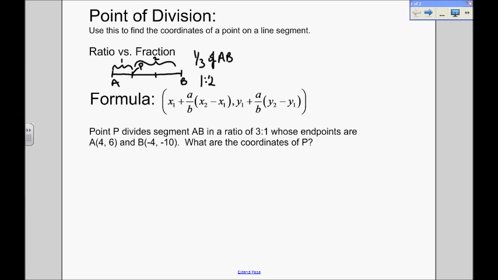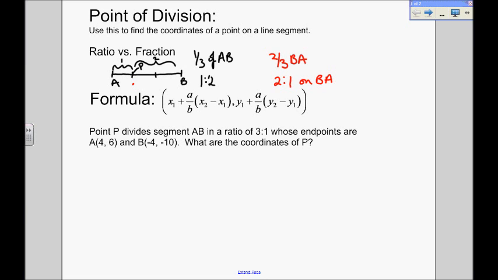When we did midpoint and distance, it didn't matter where we started. But with point of division, it does matter which one is our point 1 and our point 2. Because if we talked about this same point P, but we looked at it from a starting point of B, this means that it's actually 2/3 of BA, a ratio of 2 to 1 on BA.